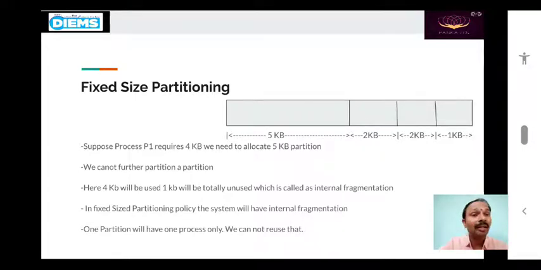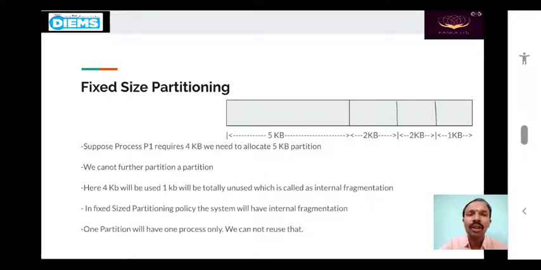Now what are the characteristics of this fixed size partitioning? Let us say any process comes to the operating system and demands some size. The operating system will tell that process that these are the partitions available inside the memory. Depending on the size, the nearest possible higher value partition will be chosen.